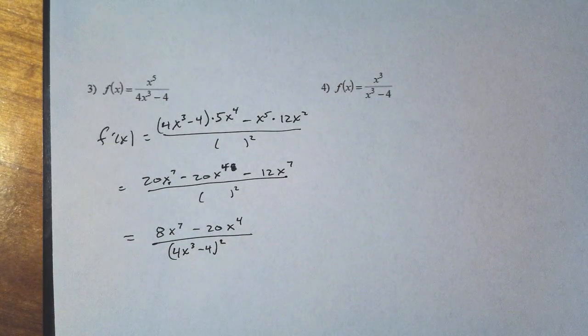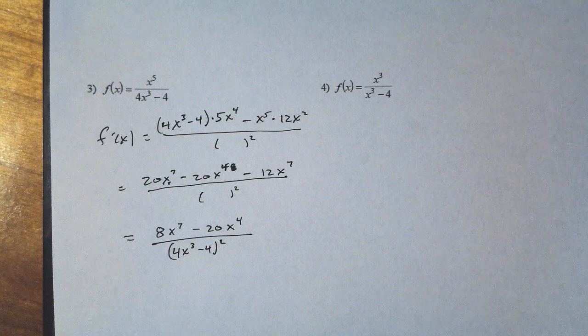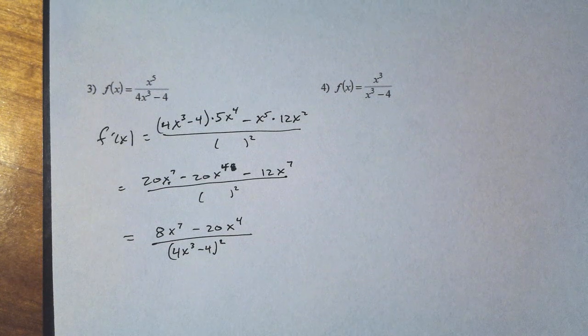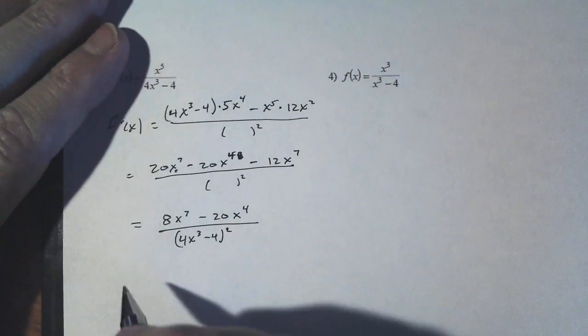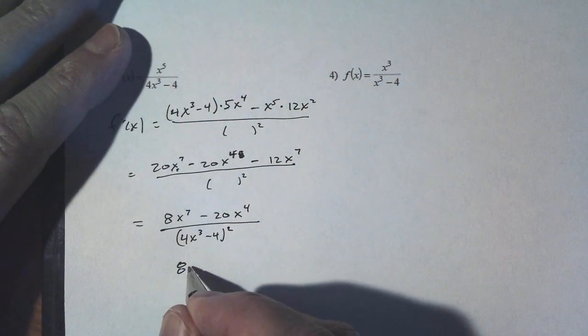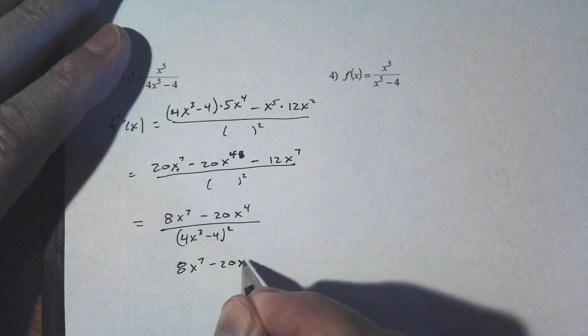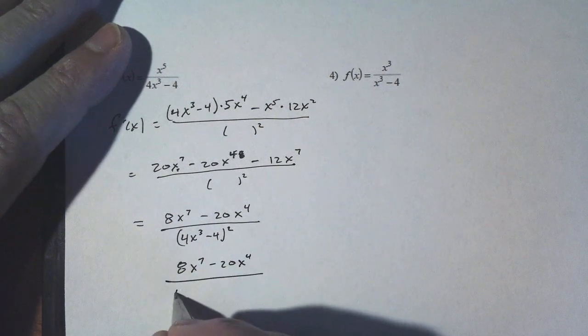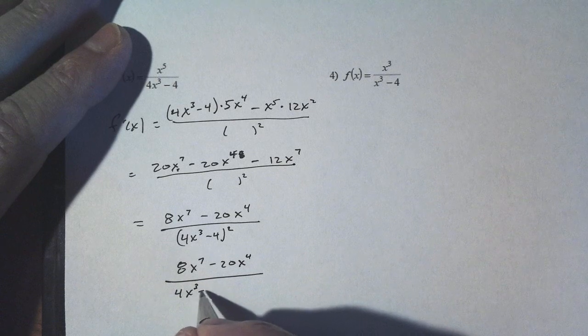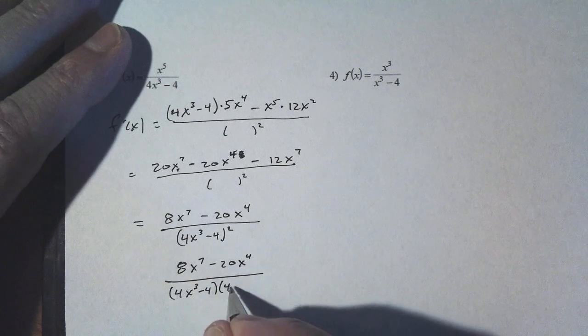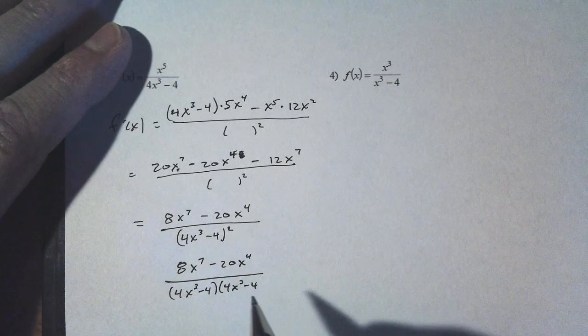And really tempting now to go ahead and reduce by 4. However, kind of sneaky here. If I was going to reduce this thing, I might want to think of this as 8x to the 7th minus 20x to the 4th on 4x cubed minus 4 times 4x cubed minus 4.